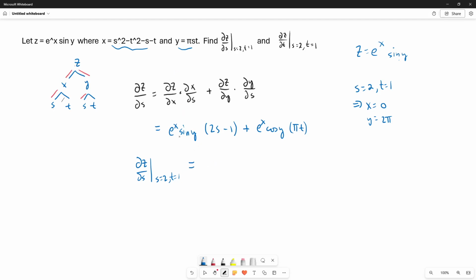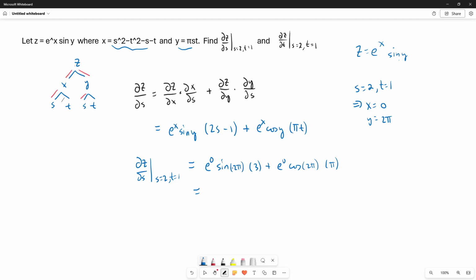So we have then x is 0, so e to the 0, and then sine of 2 pi. And 2s is 4, minus 1 is 3. Plus e to the 0 times cosine of 2 pi, and t is 1, so times pi. And let's see, e to the 0 is 1.